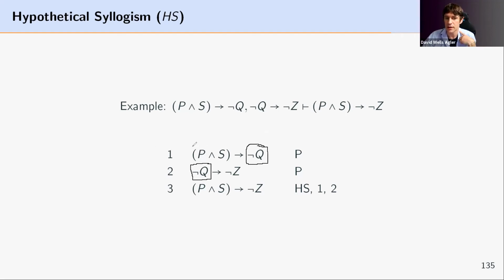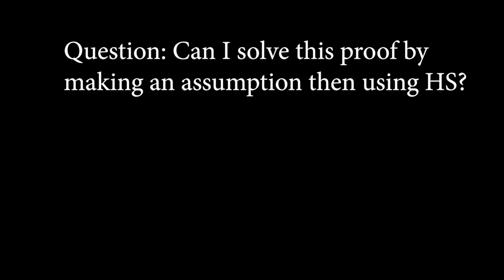And so you're going to link the antecedent of line 1 with the consequent of line 2. And that would give you if P and S, then not Z. So you're creating a new conditional. And then when you go to cite the whole thing, you'd say the rule that you use, hypothetical syllogism, and then you would cite the lines that you use, which would be lines 1 and 2.